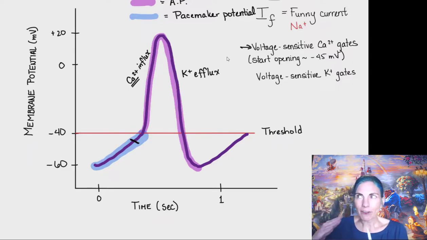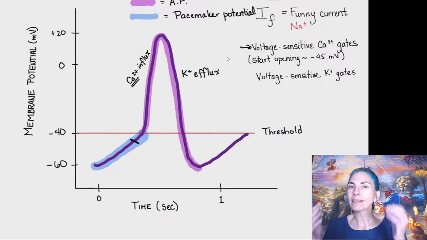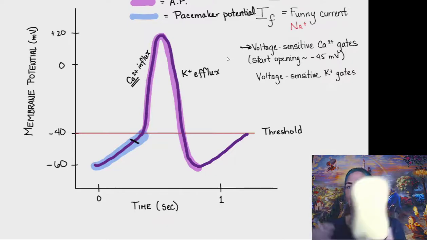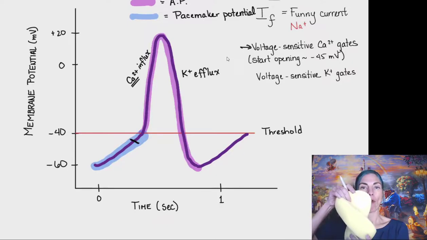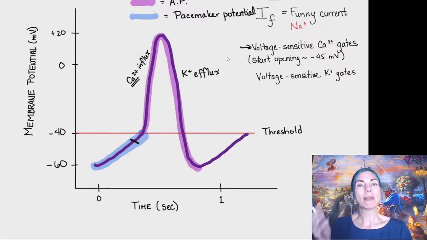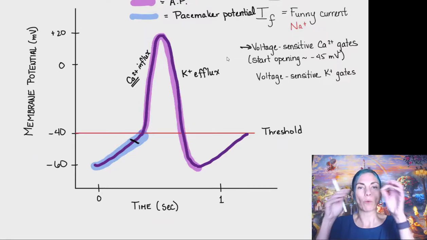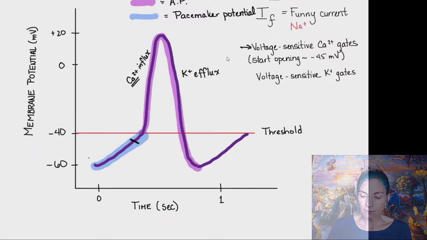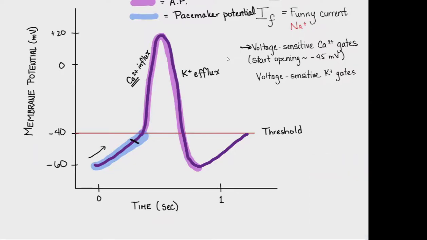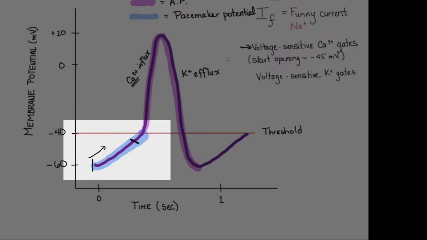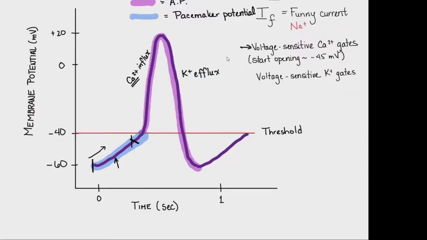But here you're seeing a very gradual climb, which tells us not very much sodium is coming in, which tells us that the gates tend to kind of be twisted already. They're not super open. So they're already a little bit twisted, but sodium is still able to find its way in and cause a depolarization here. So from here to about here, we get sodium influx through the funny gates.